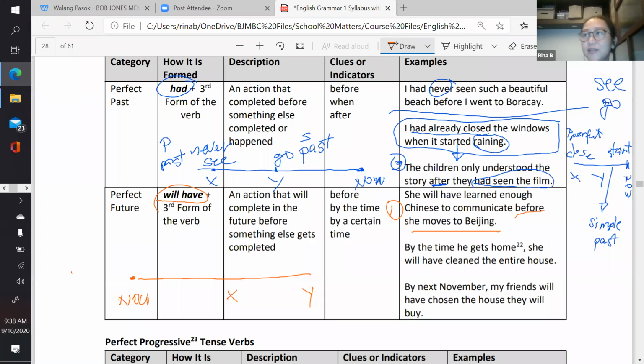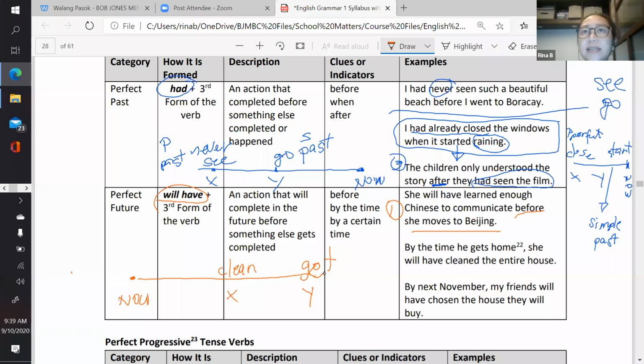Only one answer is different. But this should be got. The word, oh, get is the first form. Clean and get. Yeah?